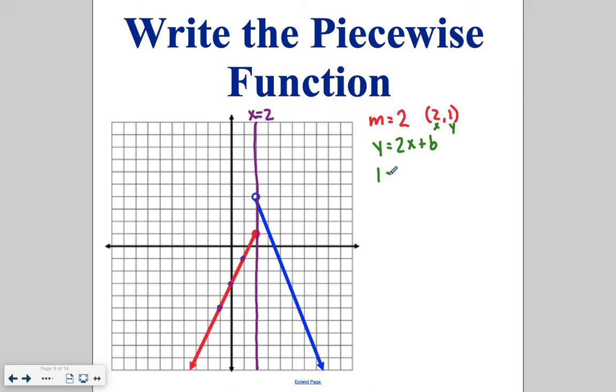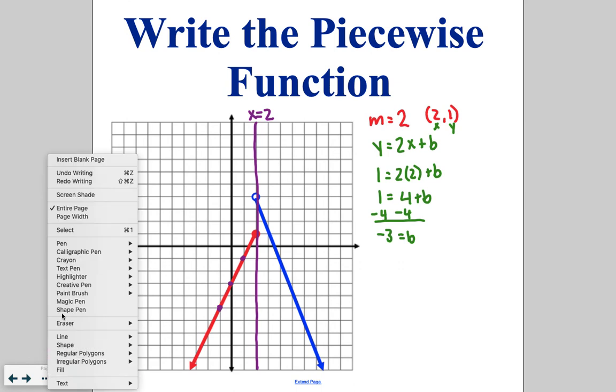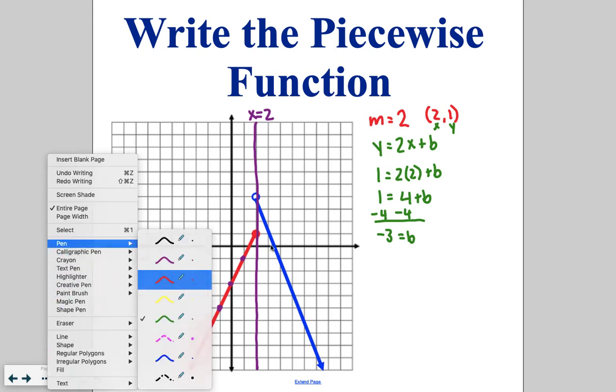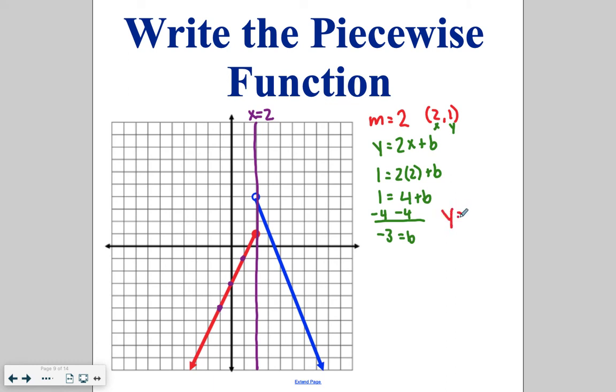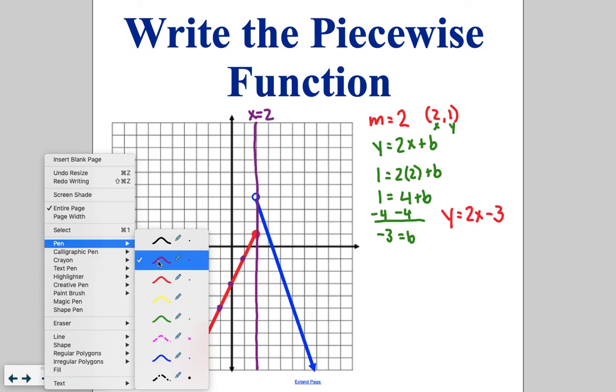So we're going to get 1 is equal to 2 times 2 plus b. 1 is equal to 2 times 2, which is 4, plus b. Subtract 4 from both sides, and you get negative 3 is equal to b. So that equation for the red line is going to be y equals 2x minus 3.